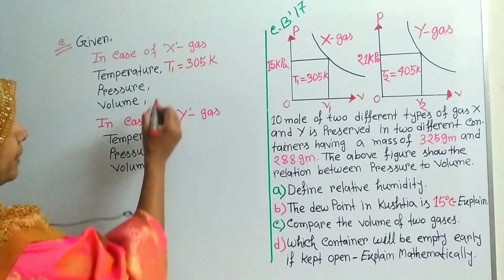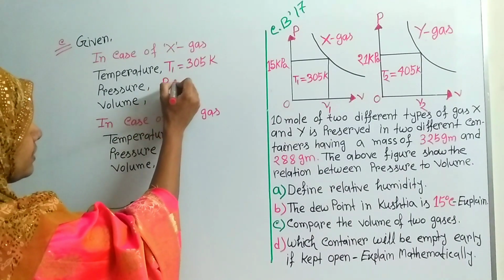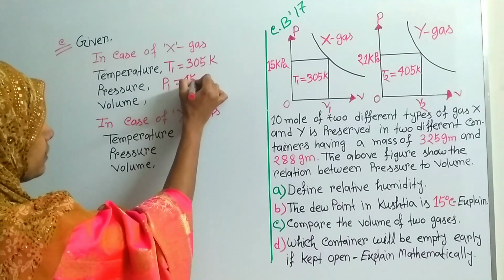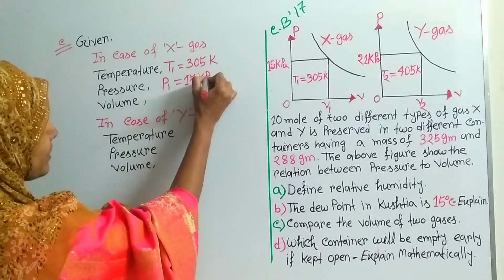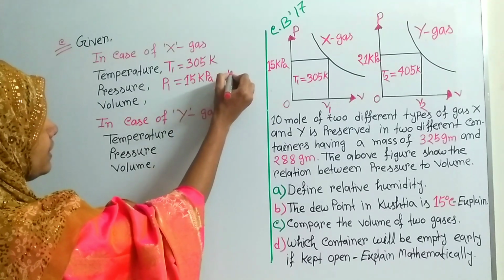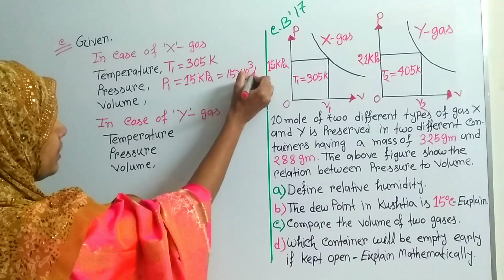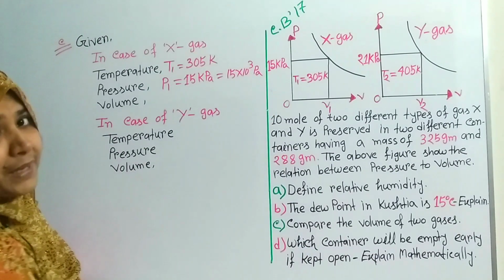Pressure P1 is given here 15 kilopascal, or we can write it 15 into 10 to the power 3 Pascal.